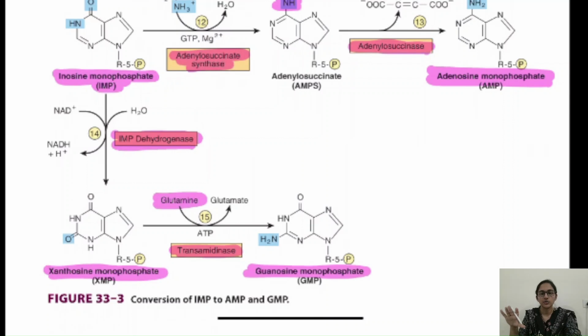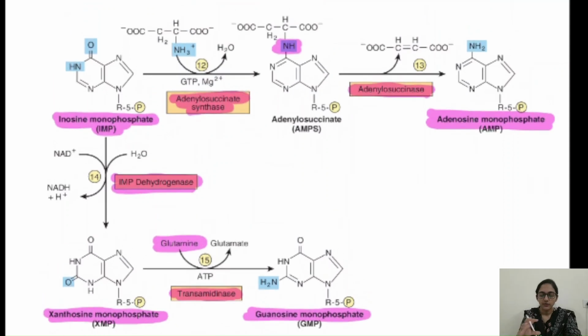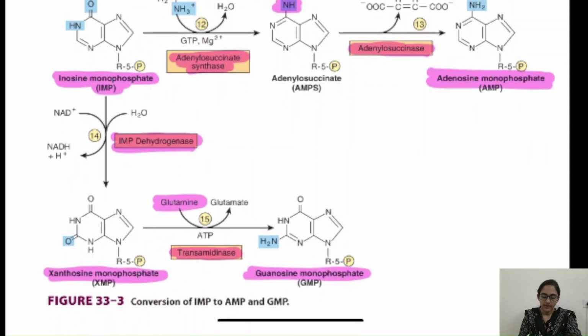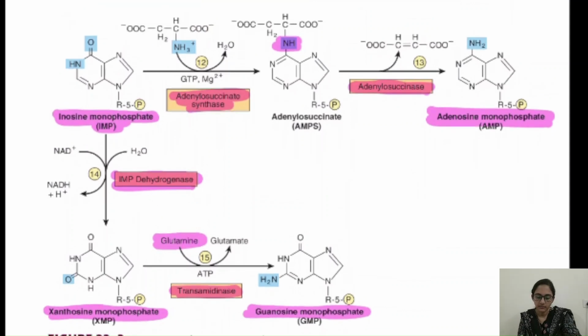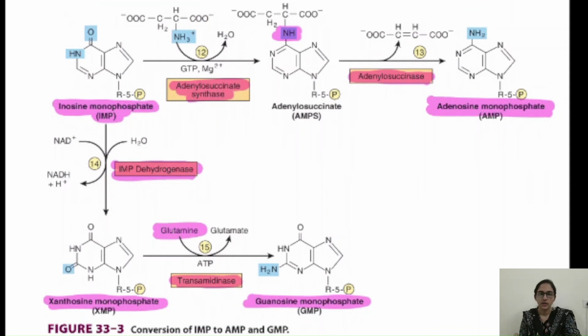Those are the two final major purine nucleotides that we need. From IMP, AMP is formed by addition of one more amino group. Whereas for guanosine monophosphate, first you convert it into xanthosine monophosphate, after which you add glutamine, that is, you add the nitrogen group, and that will give us guanosine monophosphate.